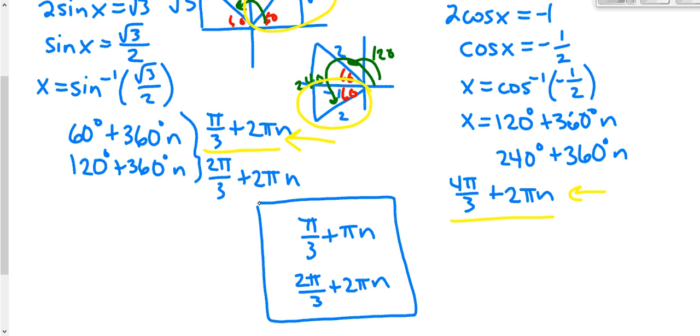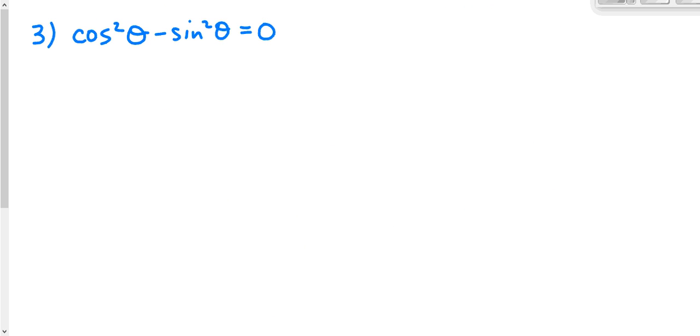Okay, moving on to number 3. So remember in our last lesson when we did some equations where we did a trigonometric substitution? So we used a Pythagorean identity. The most commonly used one is cosine squared theta plus sine squared theta equals 1.